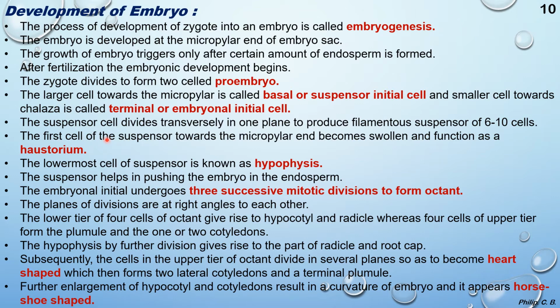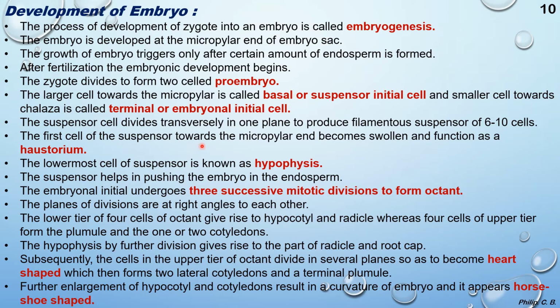Then the suspensor cell divides transversely in one plane to produce filamentous suspensor of 6 to 10 cells. Now, as we saw how the division takes place, even further you can see the image, that is the suspensor cell which is present towards the micropylar end, which divides into 6 to 10 cells. The first cell of the suspensor cell towards a micropylar end becomes swollen and functions as a haustorium.